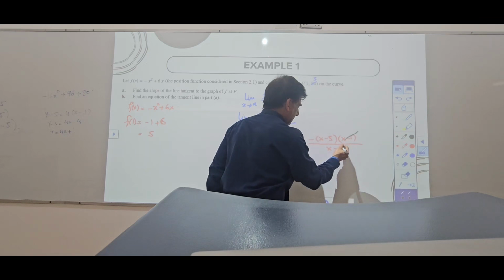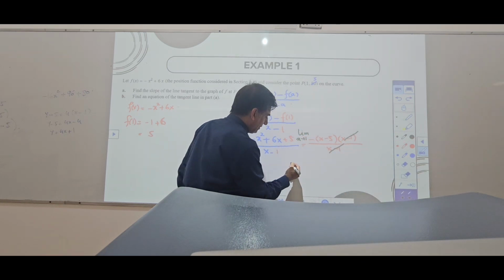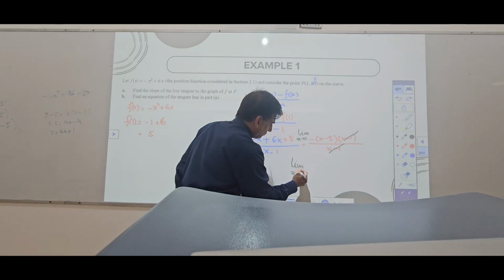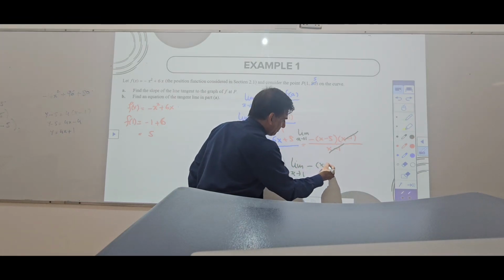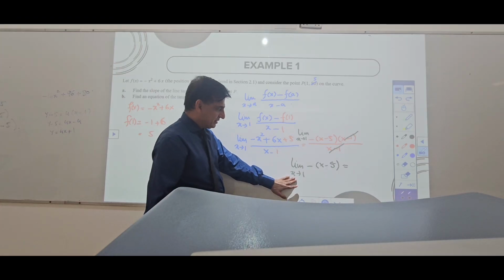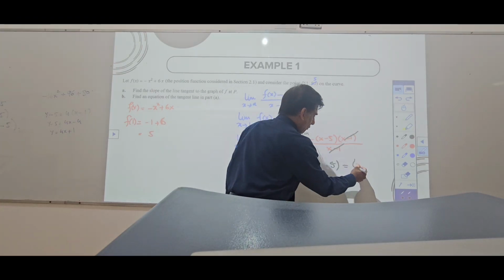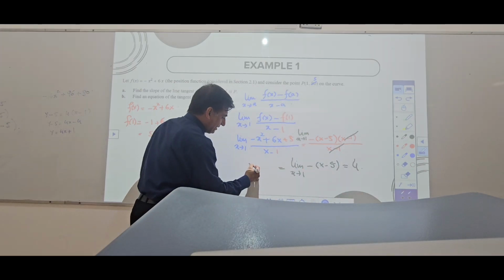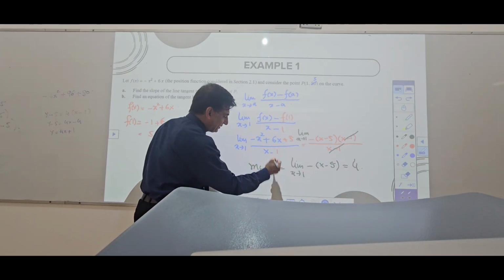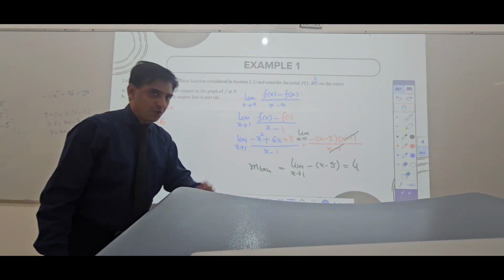And as you can see, this can be cancelled. I'm sorry, I forgot to put the limit, which is as x approaches 1. So we have the limit as x approaches 1 of minus (x minus 5). Applying the limit, we'll have minus (minus 4), so 4. So what we just found out is the slope of the tangent line. So the slope of the tangent line is 4.